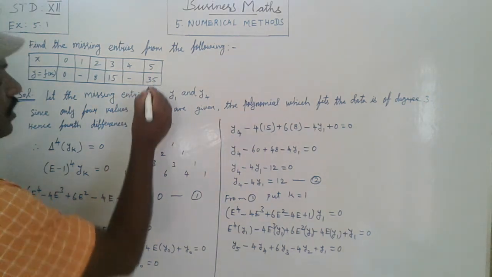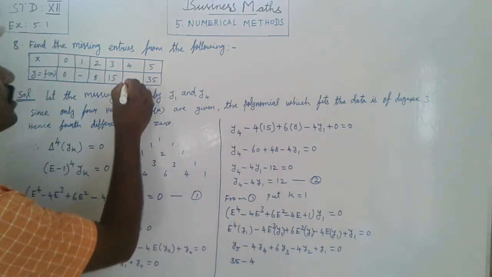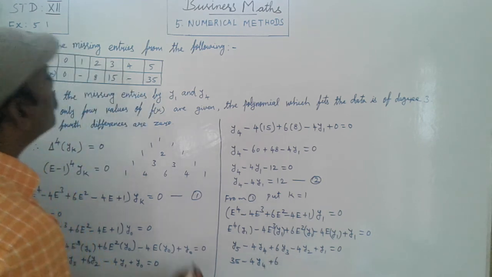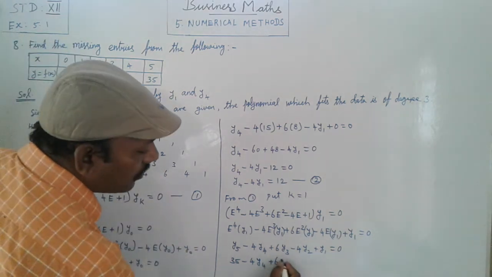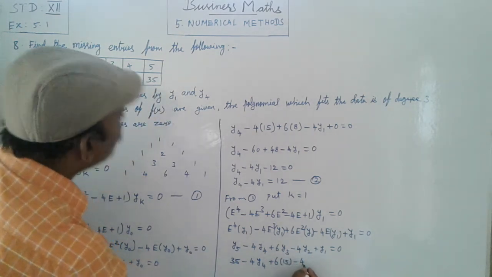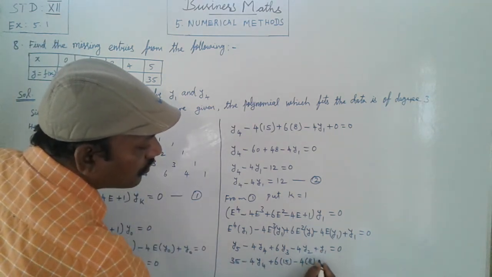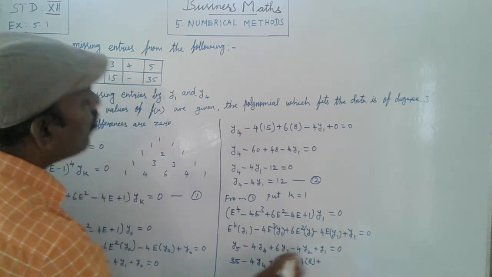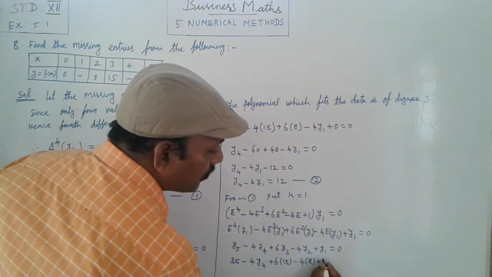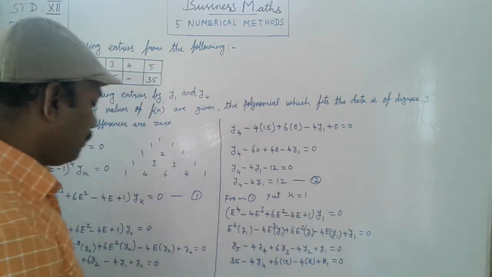Y5 is 35 minus 4y4, a missing term we should find out. So y4 same we should write plus 6 into y3 value 15 minus 4 into y2 value is 8 plus y1 value, we should find out y1, equal to 0.